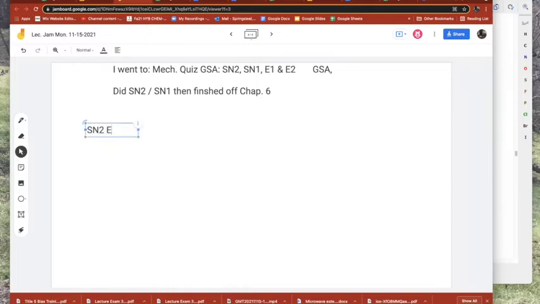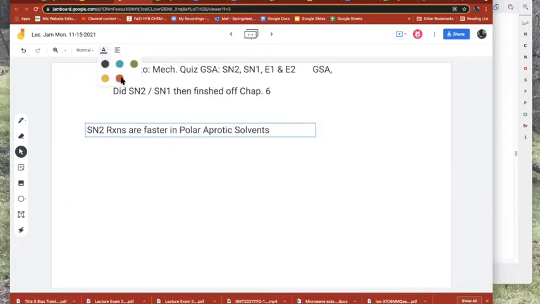SN2 reactions are faster in polar aprotic solvents. Okay, so polar aprotic solvents, what's that about?